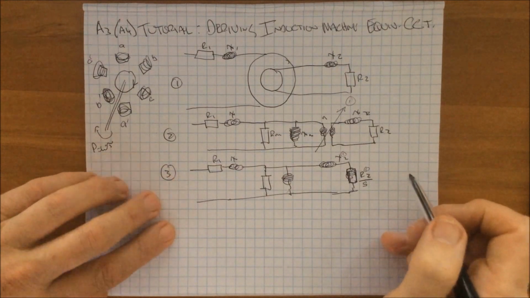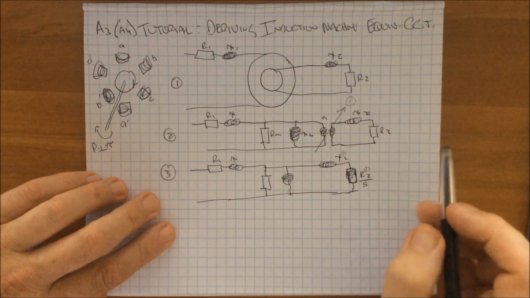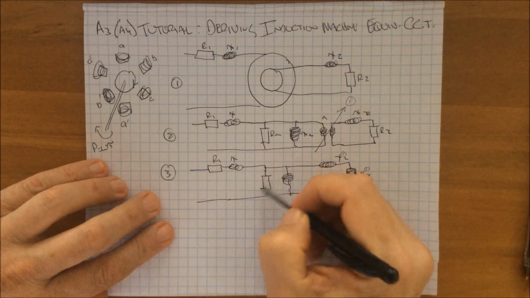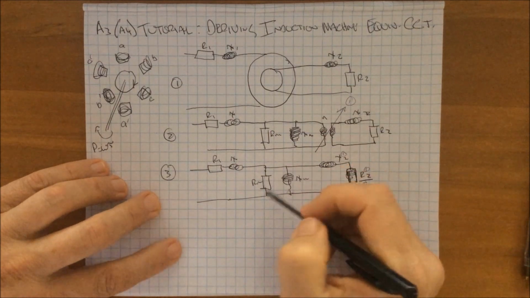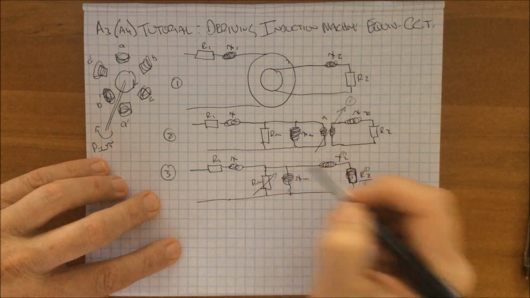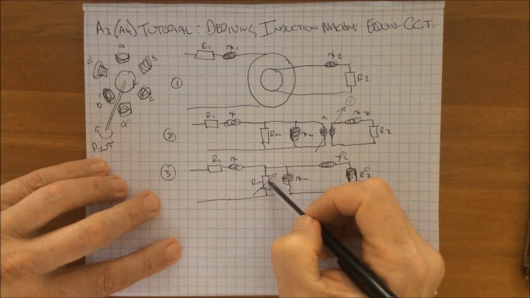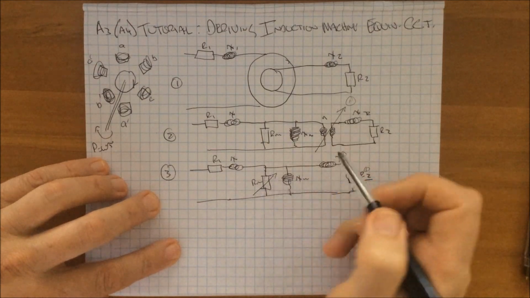Right, the next step is to acknowledge the reality that this magnetizing resistance here, Rm, is really so high as to not really matter. And because it's a very high impedance, it's effectively an open circuit.